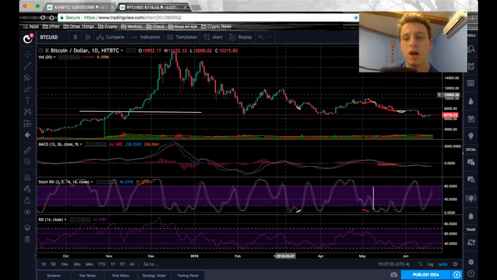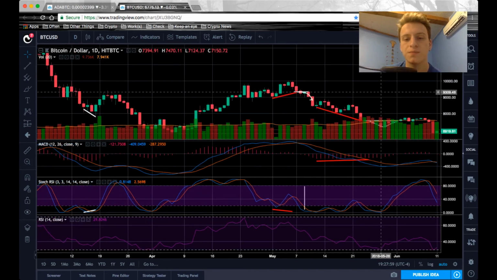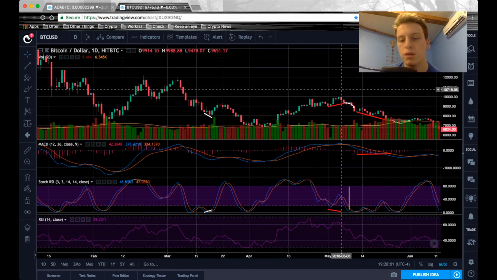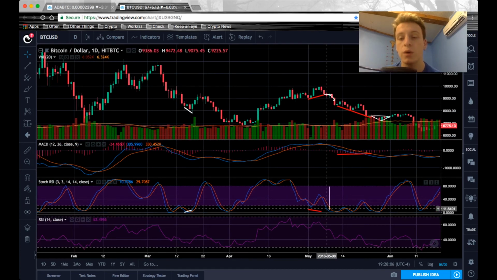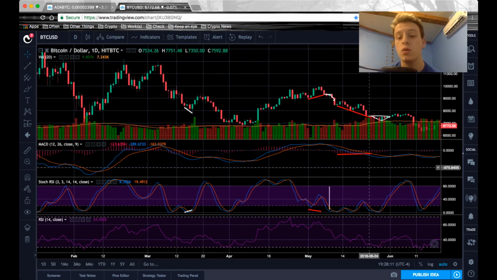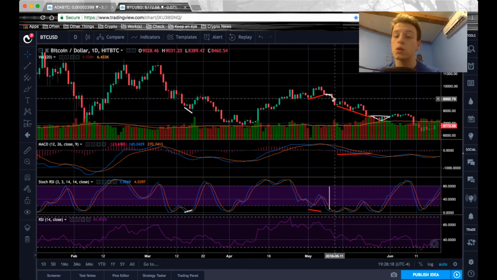So looking, for example, right here, the stochastic RSI was pretty high and returned lower. And now you can kind of see also how trading with divergence is very helpful, because the stochastic was bottomed out for this entire time period. So when using divergence in the 4-hour, we can get that little tip.